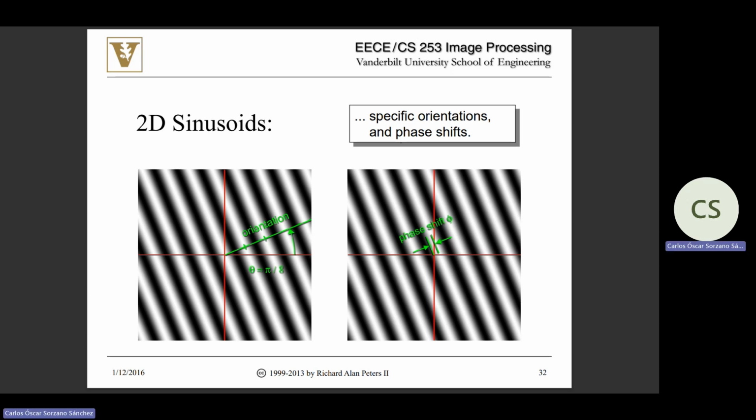And we have a phase, which says whether the wave started earlier or later along the propagation axis. So when you change your phase, this wave will move forward or backward, but in the propagation direction. That is the phase.